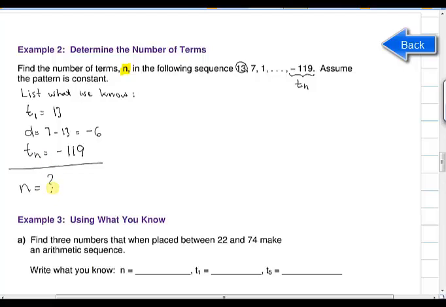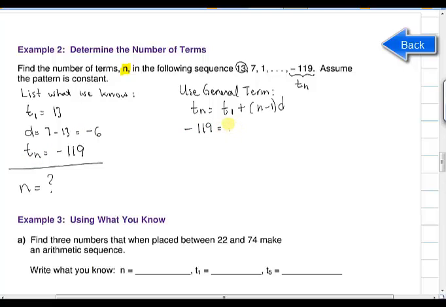Okay, so we're going to use the general term formula, so t subscript n equals t1 plus n minus 1 times d. All right, and looking at the information that we have over on the left, we know that t subscript n is -119.